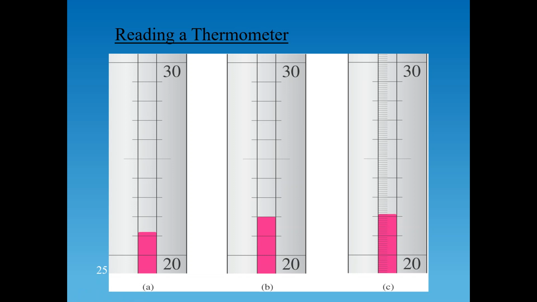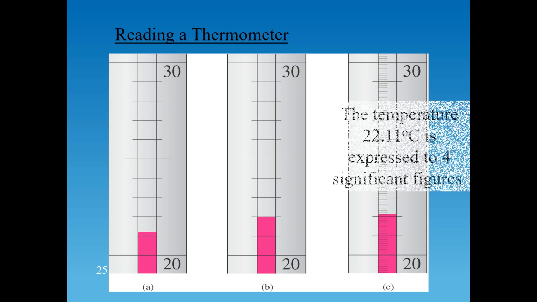What we're not certain about is the digit that comes after the 1. One could make an estimation and say the temperature being represented here would be 22.11 degrees Celsius, which it actually is, and therefore the number of significant figures represented here would be 4, because you have this 2 that you're certain of, this 2 you're certain of, this 1 you're certain of, but what you're not certain about is this 1 occupying the hundredths place, because it's an estimated digit.